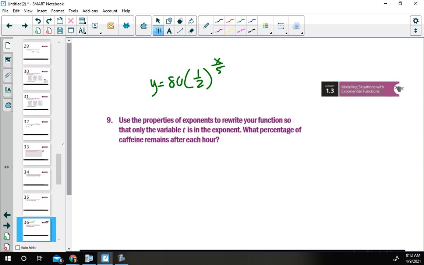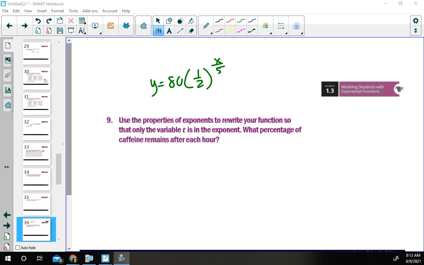So it says what percentage of caffeine will remain after each hour. So how do I figure out how to translate this equation? What we're actually going to do is an exponential regression.